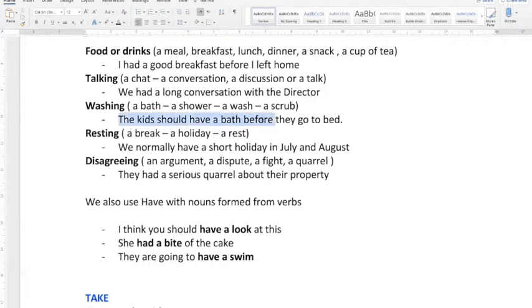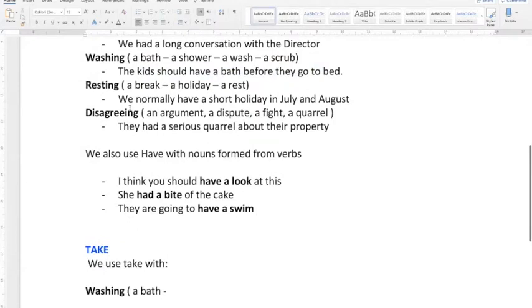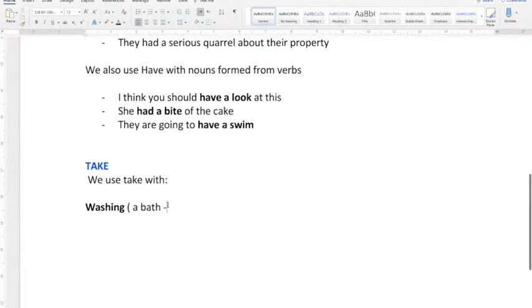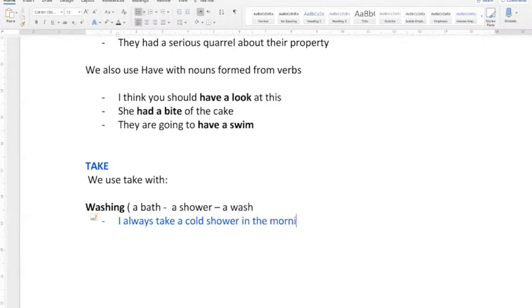The kids should have a bath before they go, but you can also use the word take to talk about the bath, or a shower, or a wash. As an example, I can say, I always take a cold shower in the morning. So that is the sentence that we use in order to talk about the shower.